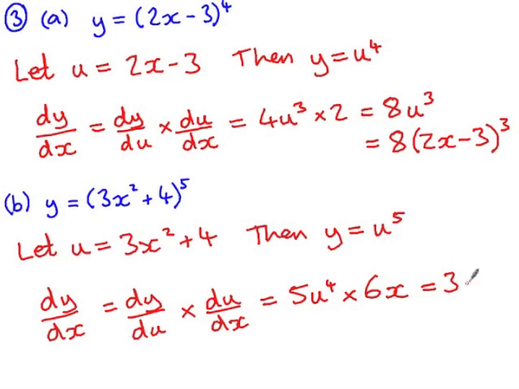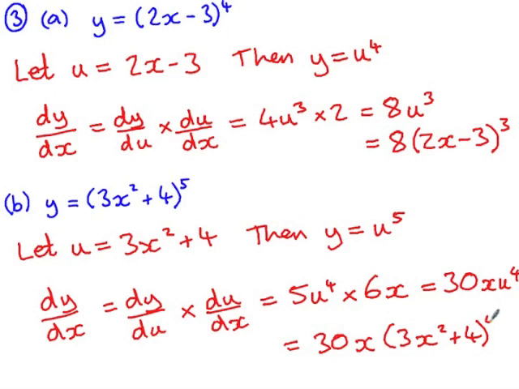So this is 30x u to the power of 4, and substitute 3x squared plus 4 for u, 30x times 3x squared plus 4 to the power of 4.